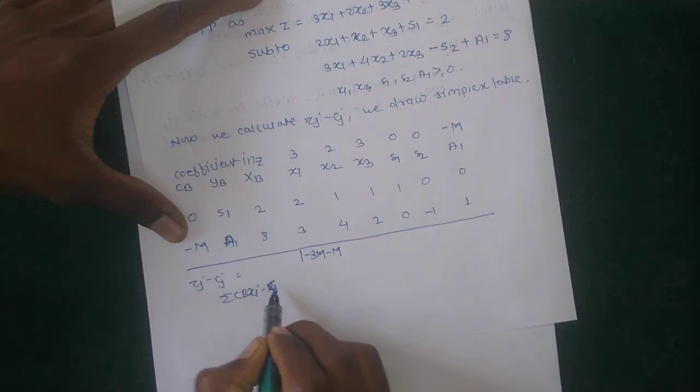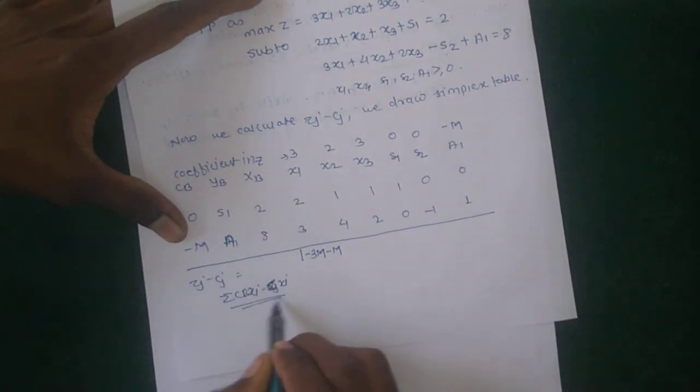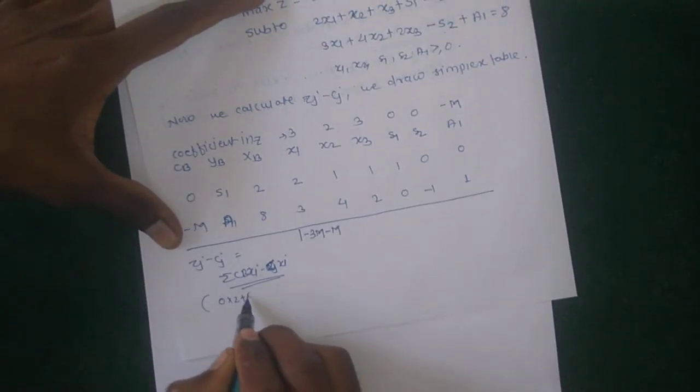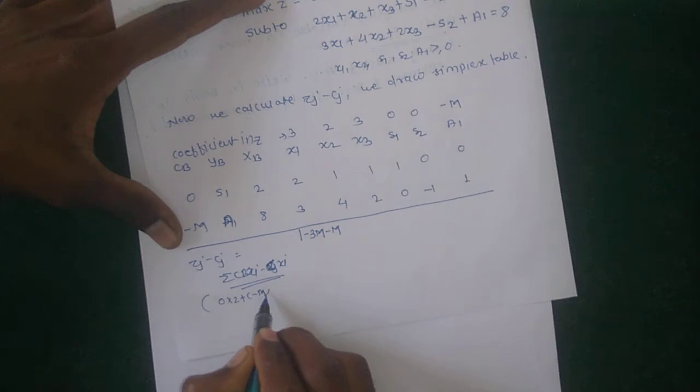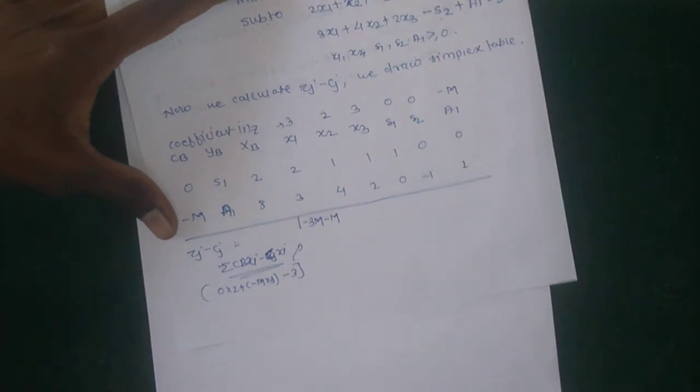That is 0 into 2 plus minus M into 3, and minus 3. In this way we calculate this.